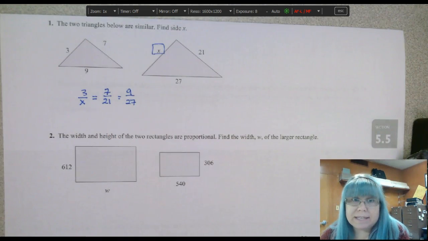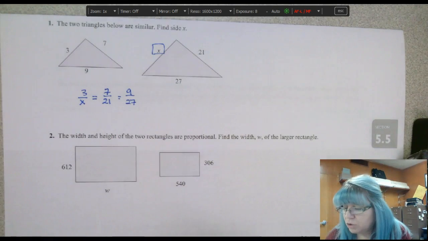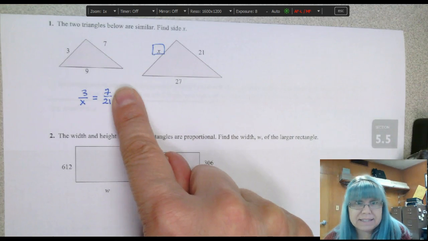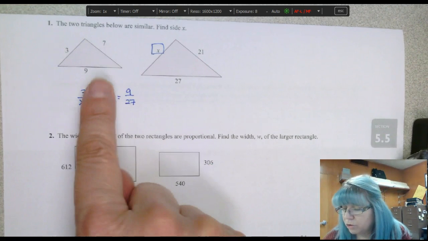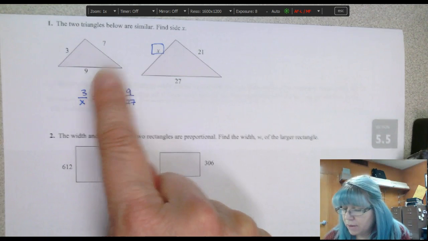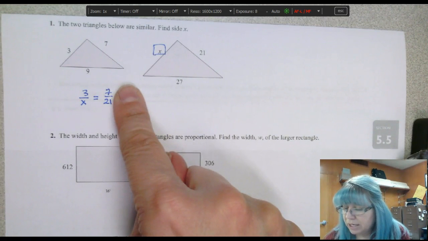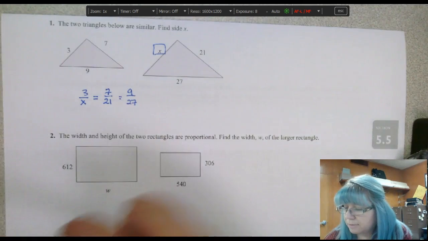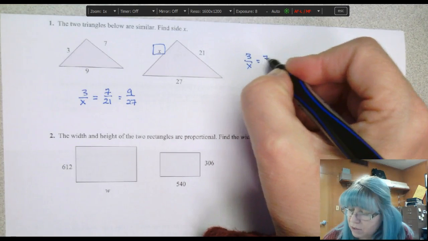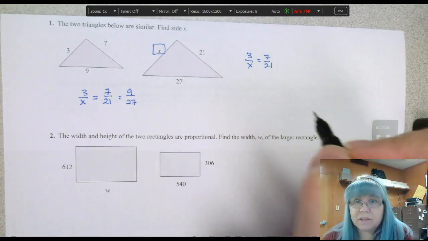Now it's my choice as to which combination of 2 of these ratios I want to use. Do I want to use the 3 over x and 7 over 21, or do I want to use the 9 over 27? I'm going to go ahead and do the 3 over x and 7 over 21. Alright, so 3 over x equals 7 over 21. Okay.